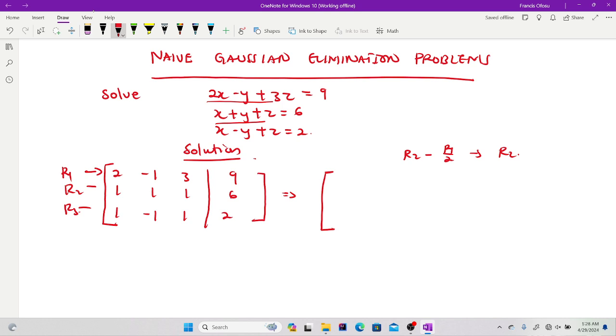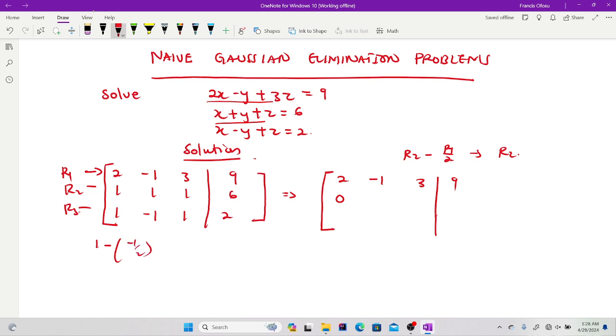At this point, I'm going to have my row 1 remain the same, 9. Then row 2 becomes what? R2 minus R1 over 2. So 1 minus 2 over 2, which is 1, so 0, right? Then I'll get 1 minus negative 1 over 2.